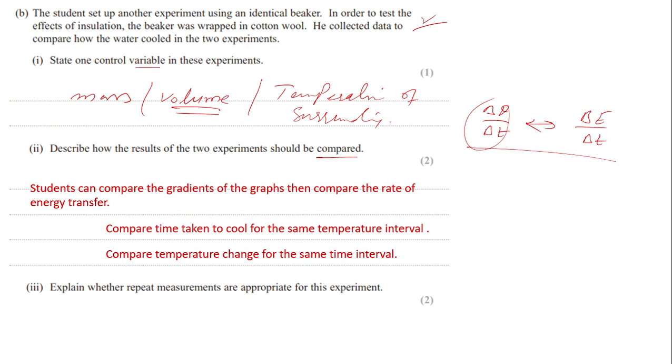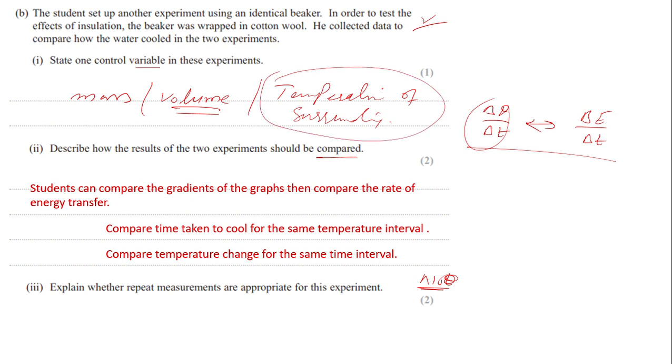Okay. Explain whether repeat measurements are appropriate for this experiment. In my opinion, it is not appropriate. Whenever you give some comment, you need to give your reason. The reason is that once you do the experiment one time, energy is transferred to the surroundings, due to which the temperature of the surroundings does not stay the same.